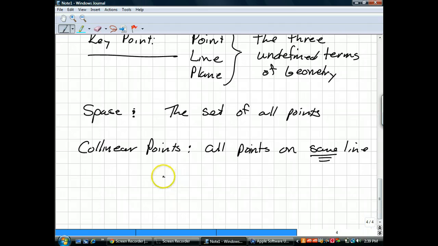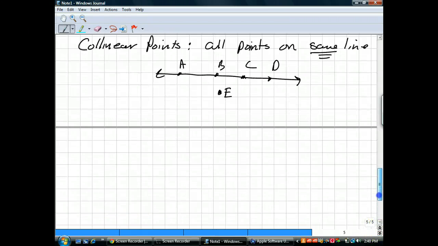If I have this line, I would say points A, B, C, and D are all collinear because they are all on the line. But if I have a point E down here, then A, B, C, D, and E are not collinear because E does not belong on that line.